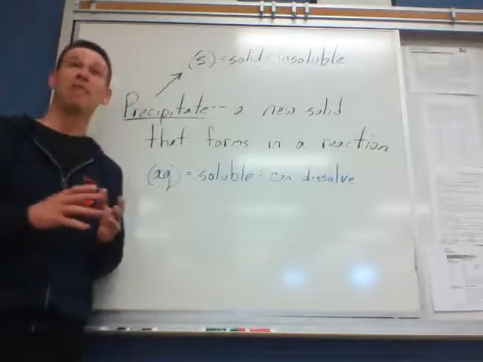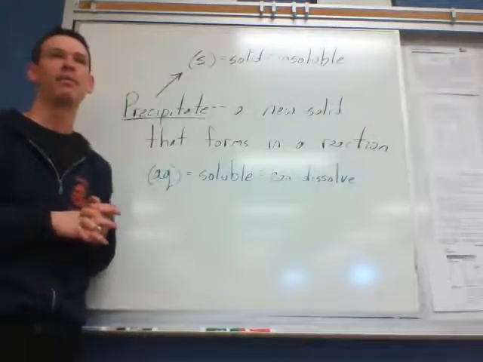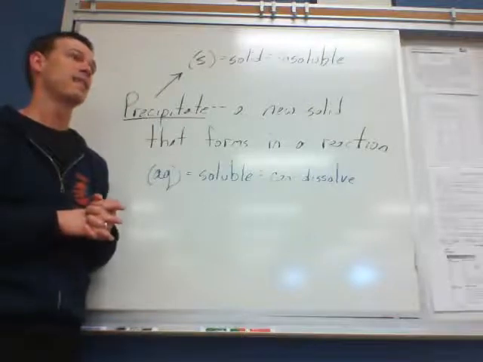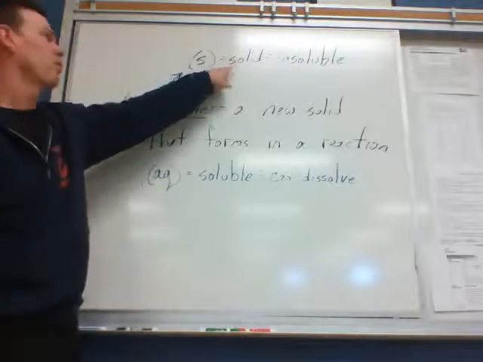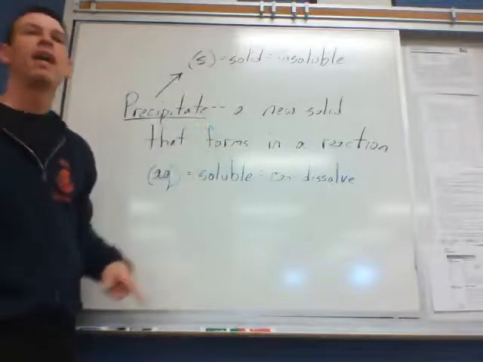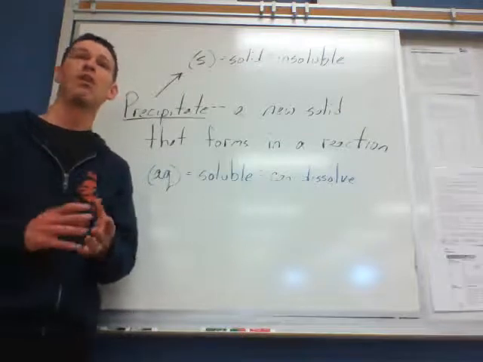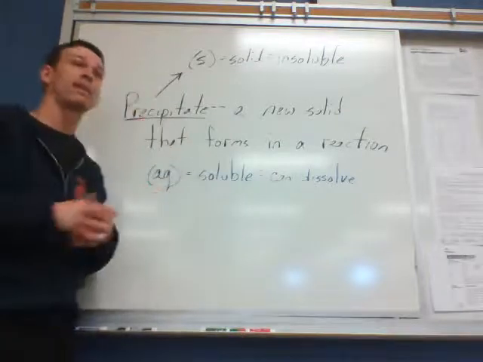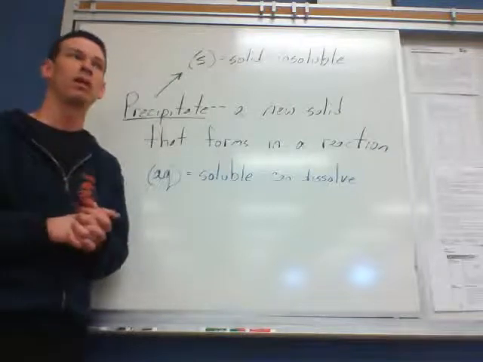Here's the most common misconception that your brain makes if you don't study. When the test comes along, instead of thinking that S means solid, your brain will think that S means soluble. And then you miss a bunch of questions. So you've got to get that straight right now so that you don't crisscross these because they're polar opposites of each other. So you want to be careful.